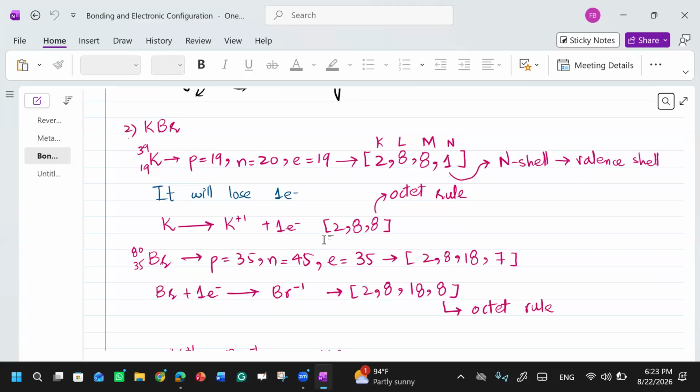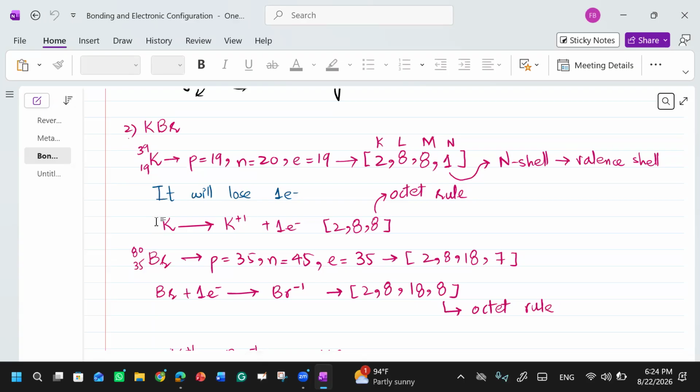While in covalent bonding, what happens? Covalent bonding is between two non-metals that share electrons together. Okay, why are they sharing? Why can't one species lose and the other species gain, just like in ionic compound?